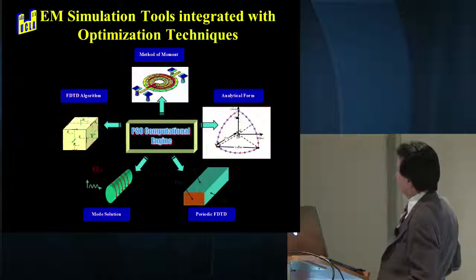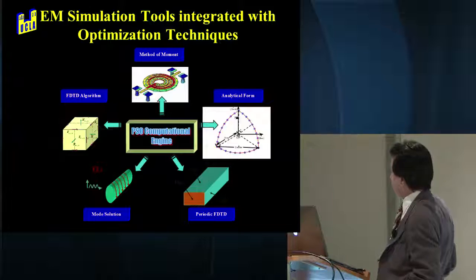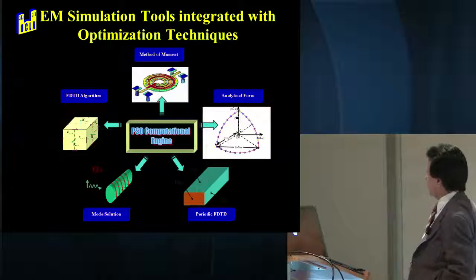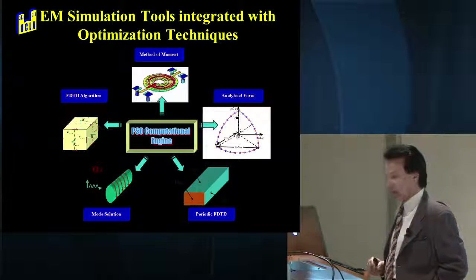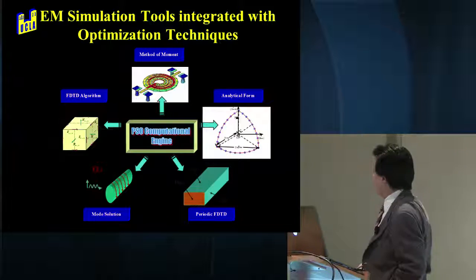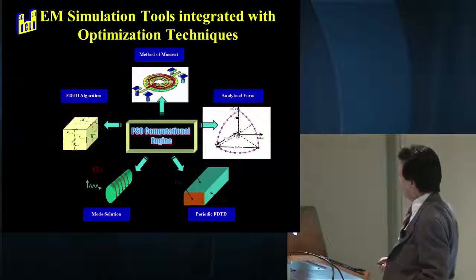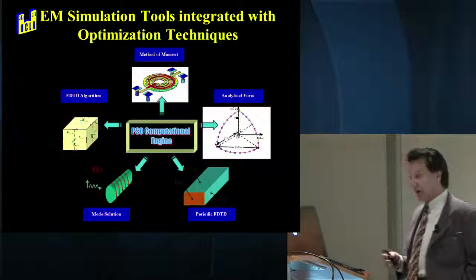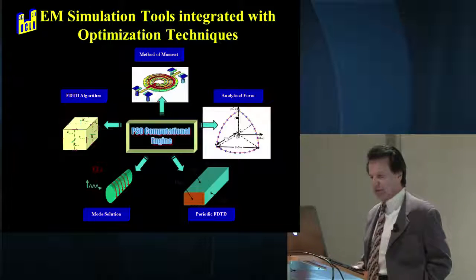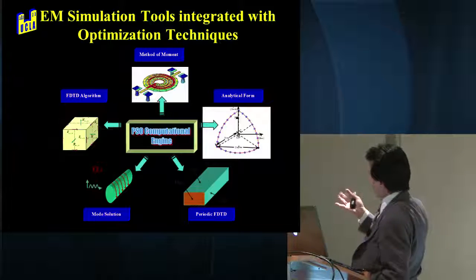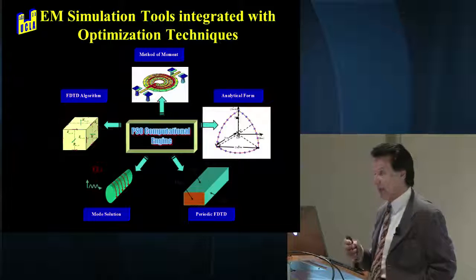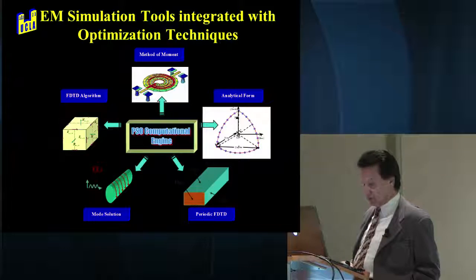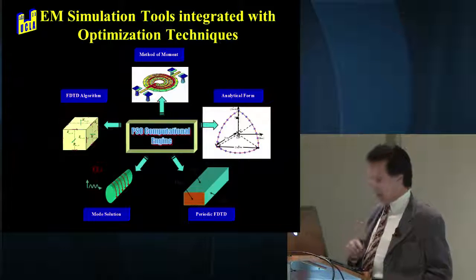For example, we have an integrated method of moments solution, finite difference solution, you name it, with this nature-inspired optimization. Of course, I'm not going through the details of this. Just to bring it to your attention, there are a lot of powerful capabilities nowadays available through vendors, through researchers, to be able to evaluate electromagnetic phenomena from antenna to the wave and to what is going on in space a lot more effectively.